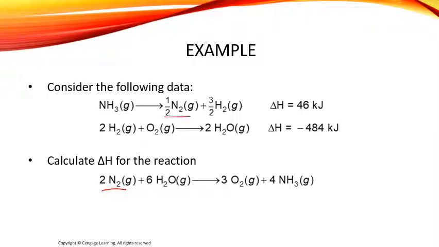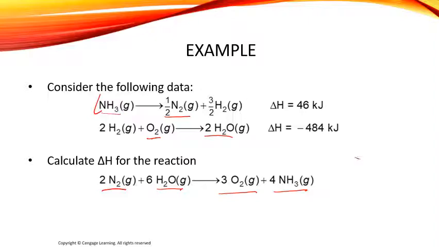I have it as a product in our sequence. I have H2O as a reactant, H2O as a gas, as a product in the sequence. I have O2 gas, one's a product, one's a reactant, and then the 4 NH3 versus 1 NH3, again opposite sides, so I need to flip the direction.